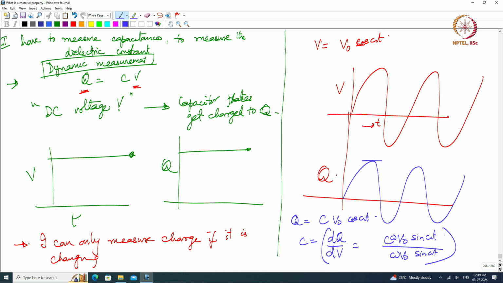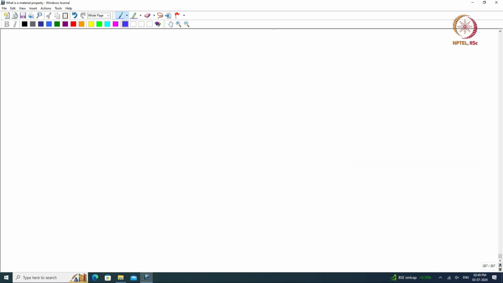So, I can look at the amplitude of the charge, which is q naught sin omega t, this I am able to measure, and I can measure the amplitude of voltage. So, the amplitude of charge divided by the amplitude of voltage should give me the capacitance. That is all nice and good for a linear case where capacitance is a constant.